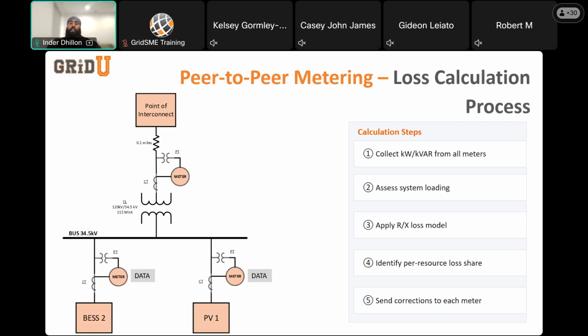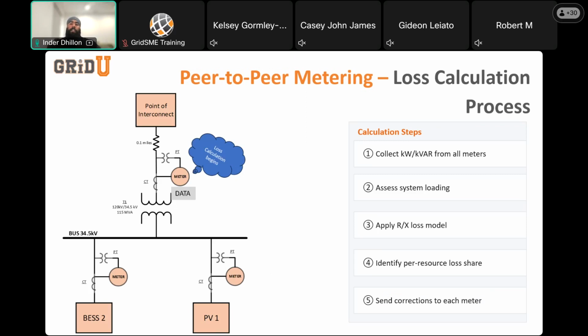So the loss calculation process in a peer-to-peer system is continuous. The calculating meter polls each resource meter to obtain their current, real, and reactive power along with currents. It will then determine how power is flowing through the transformer and the line to the point of interconnect. From there, it determines the losses associated with that operating condition.